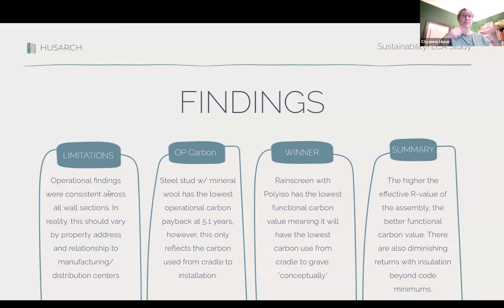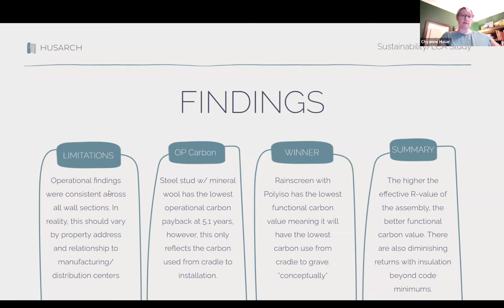So that should vary based on whether you're in brick country or next to a concrete plant or just down the street from Dow Corning or something like that. There would be a variance of that transportation and distribution requirements that I would expect to see.